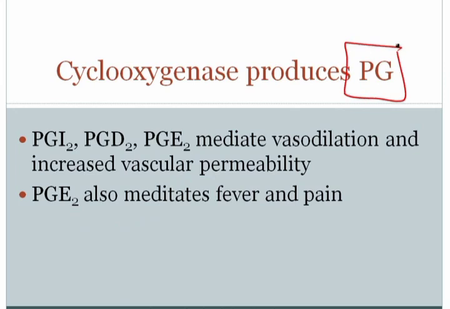And the three key prostaglandins are prostaglandin I2, D2, and then prostaglandin E2. And together, these three mediate vasodilation, and they mediate increased vascular permeability. Now, it's important to know that the vasodilation occurs at the level of the arteriole.